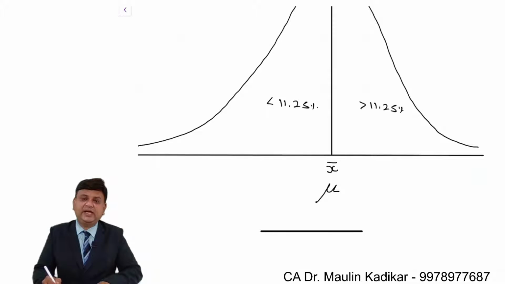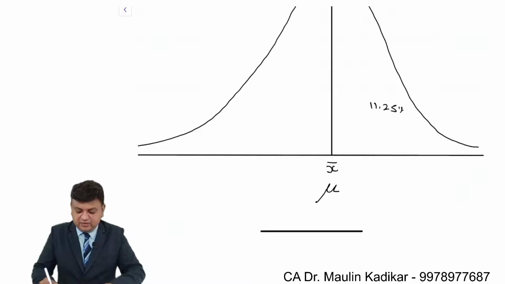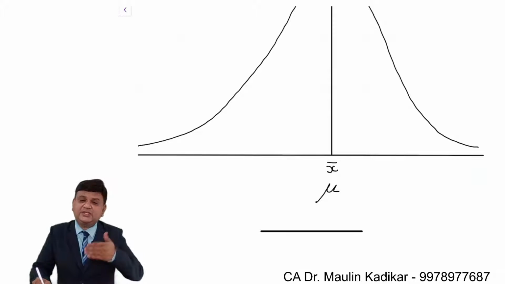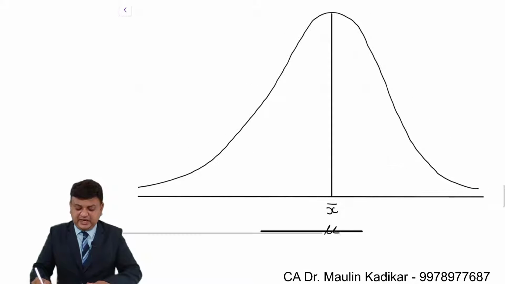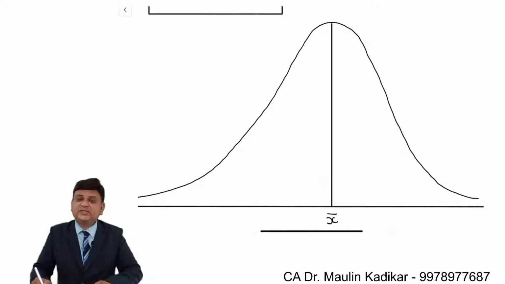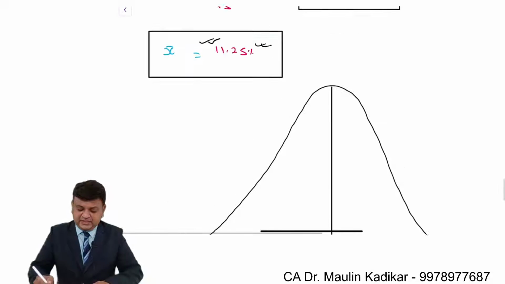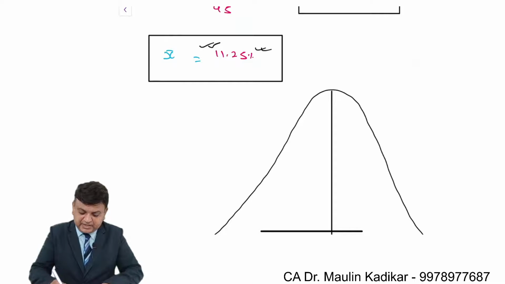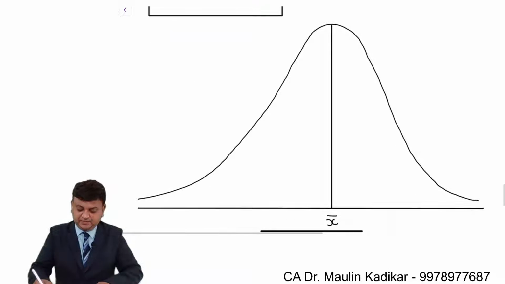This return is likely to be different than the expected return that you have. Now, what kind of difference it will have, what kind of deviation of the actual return that we can have from the mean return, is measured in the form of standard deviation. It is measured in the form of volatility of the securities return.